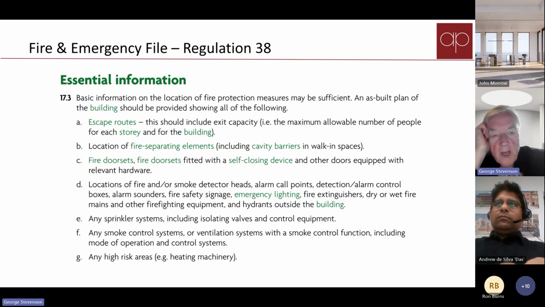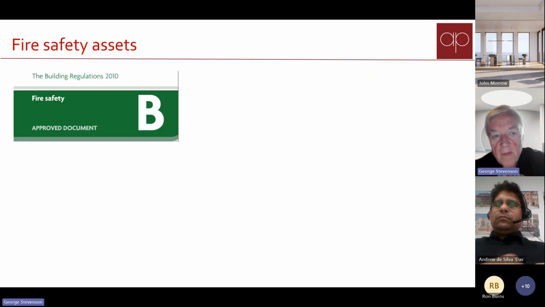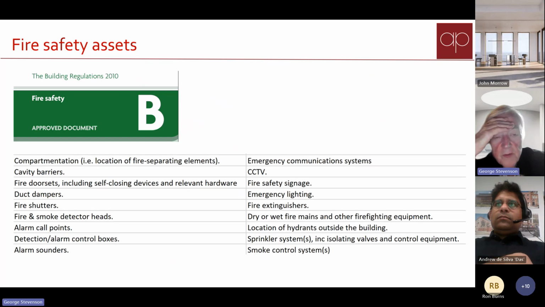So what we've done is looked at what is in the Act in terms of what the basic information is, and also looking at things from a point of view of the systems that you have to ensure that you've got the information on.